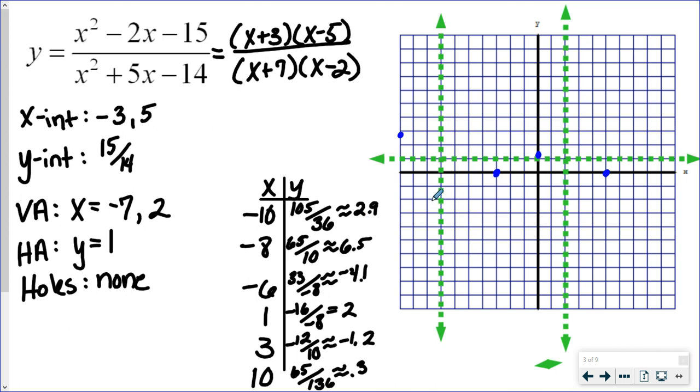We have -8, 6.5, so right here. We have -6, -4.1, so right in here. We have 1, 2. We have 3, and negative 1.2. And we have 10. We said close to a third.